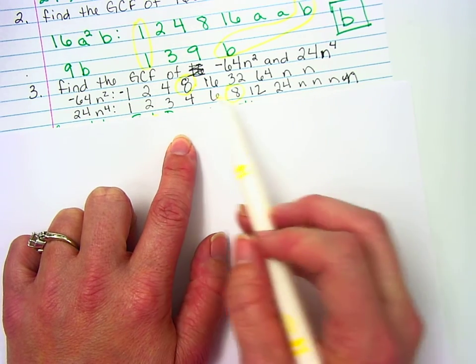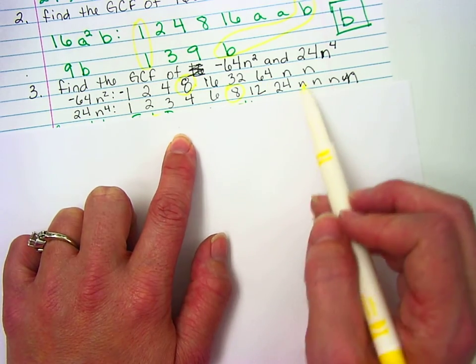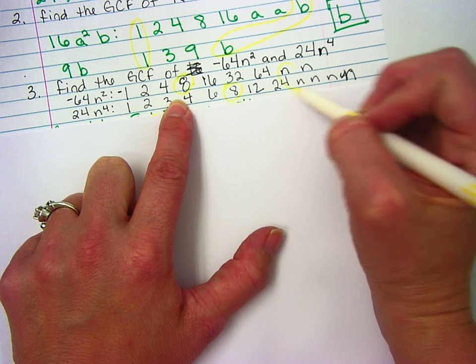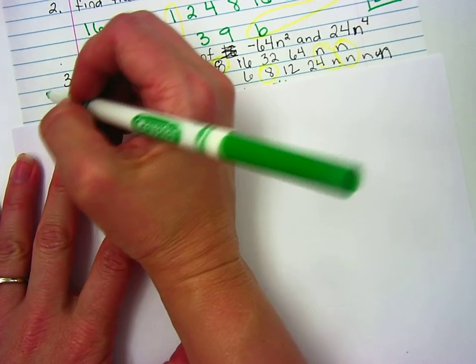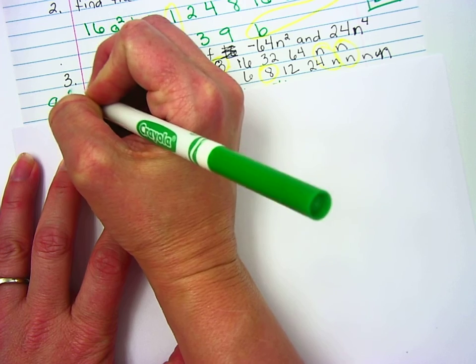And then, let me check real quick. Okay. And then we have 2 n's that they have in common. So, if I ask for the greatest common factor between these two monomials, you can give me the answer of 8n squared.